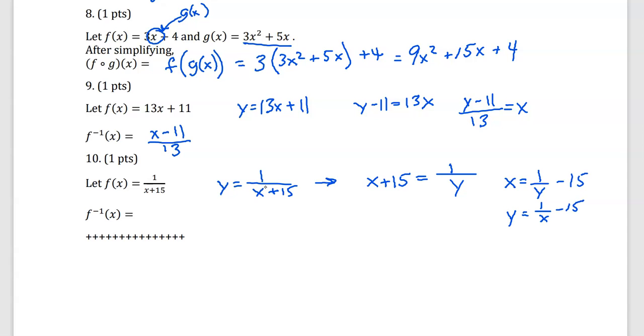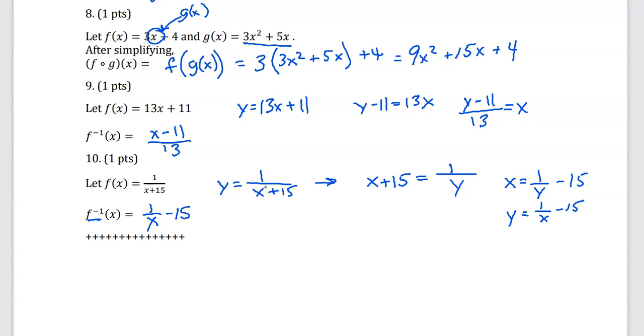Meaning, my function, if I take any number, put 1 over it, get the inverse of that number, and subtract 15. When I have figured out that number by doing this, I'll get my number back. So that's what we call the inverse. Take any number, 1 divided by that number, and subtract 15.